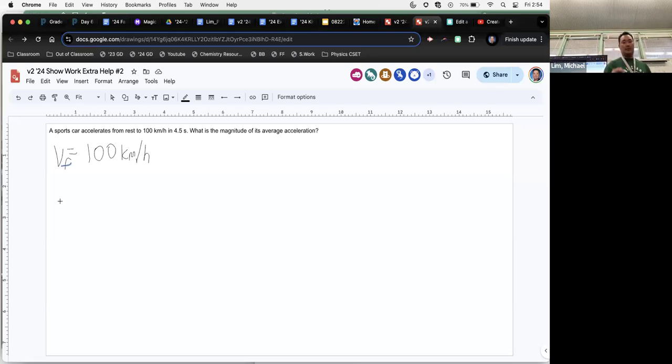Make a note so you remember on your paper. V sub F means final velocity. Okay, make a note. I'm not gonna write it here. I don't have space. Okay, what's the next information we write? Let's just go in a circle. Jordan, what's the next information in our problem that we want to write? Yeah, sports car.